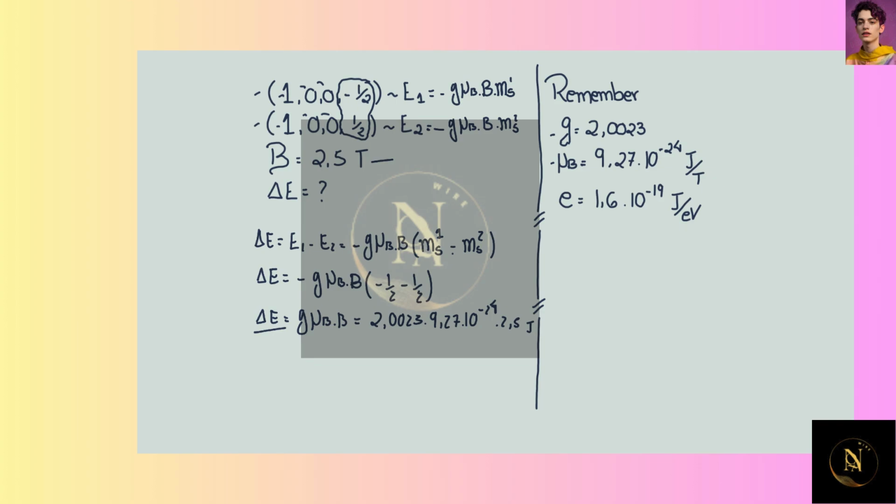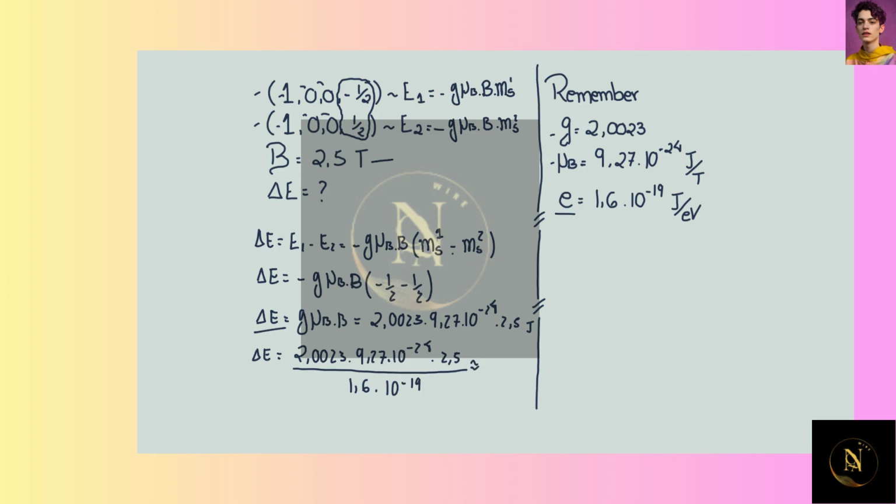So if we divide by the electron charge, we can convert it from joules to electron volts, and we will do that in order to get 2.0023 times 9.27 times 10 to the minus 24 times 2.5 divided by 1.6 times 10 to the minus 19.